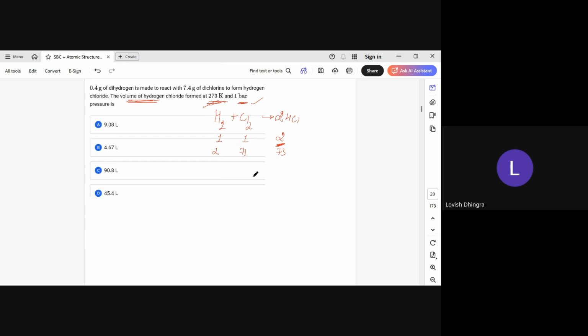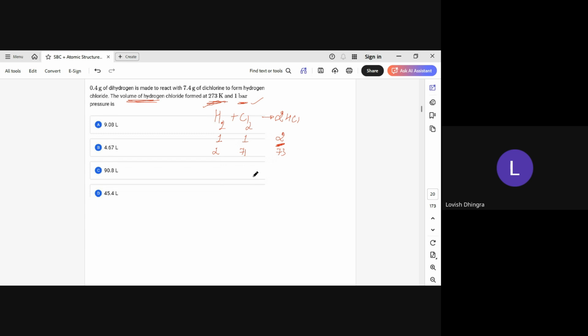So if I want to find out the number of moles or the weight of HCl, on the basis of which one will I decide, the limiting reagent or the excess reagent? Yes, the limiting reagent. That is Cl2.